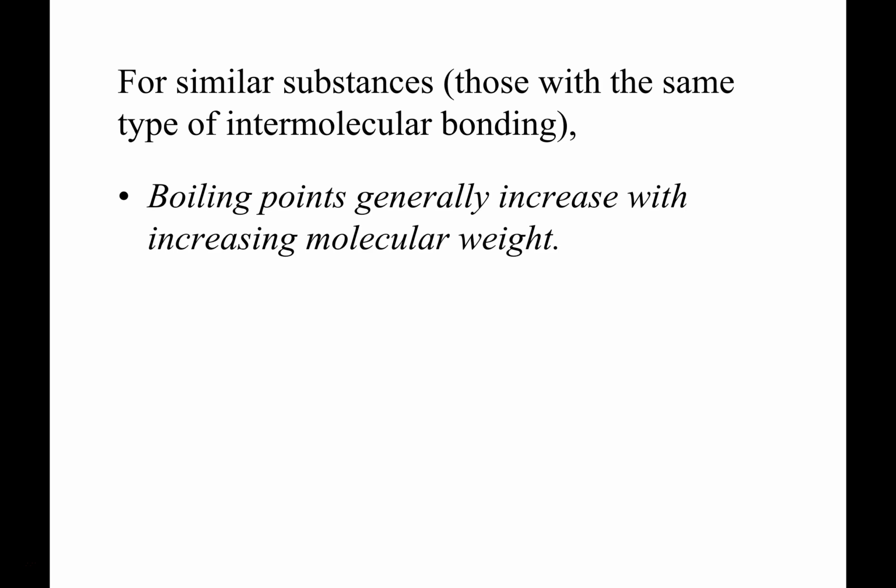All right. So for similar substances, those with the same type of intermolecular bonding, hopefully we're okay. When I say same type of intermolecular bonding, this is what I mean. Boiling points will increase with increasing molecular weight. Got that?